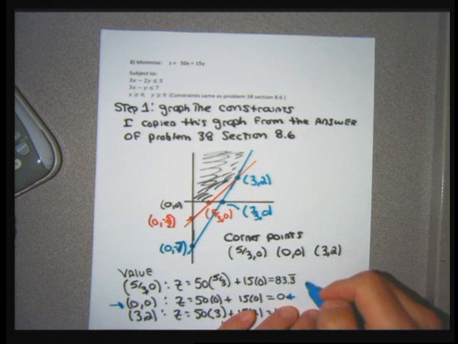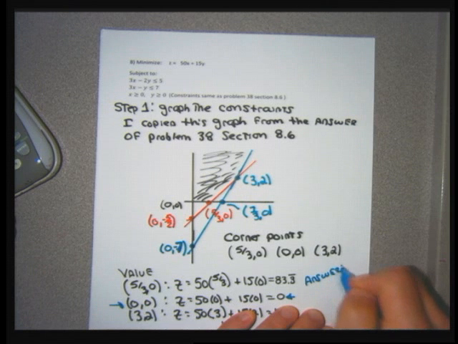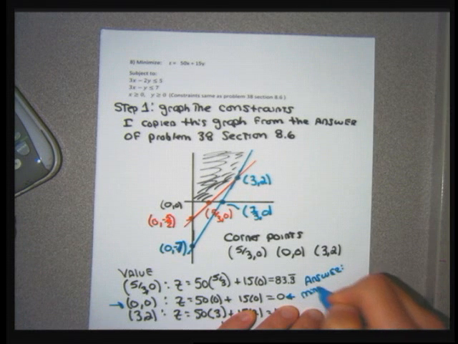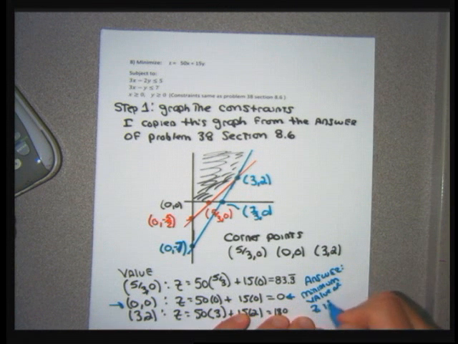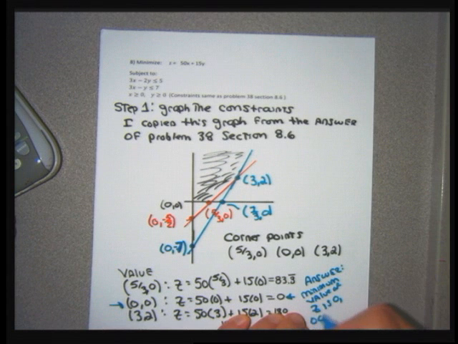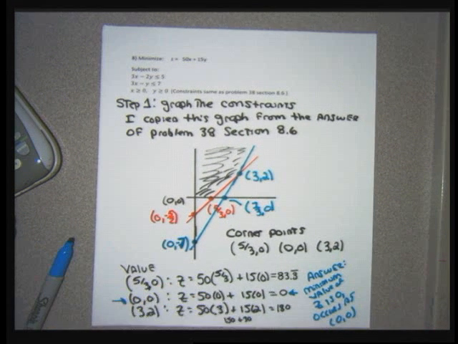So for my answer, the minimum value of z is 0, and it occurs at the point (0, 0).